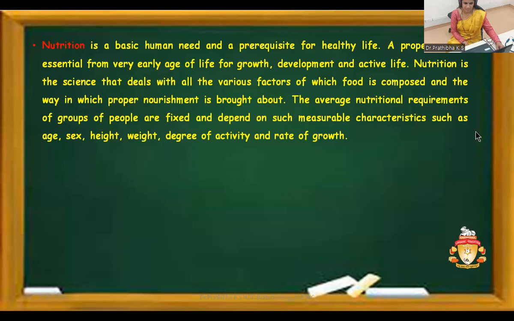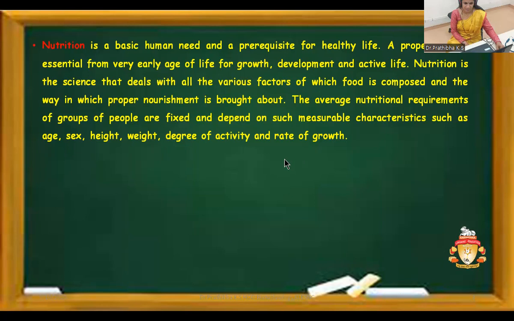The average nutritional requirements of groups of people are fixed depending on measurable characteristics such as age, sex, height, weight, degree of activity, and rate of growth. So all these matter when we consume any kind of food.